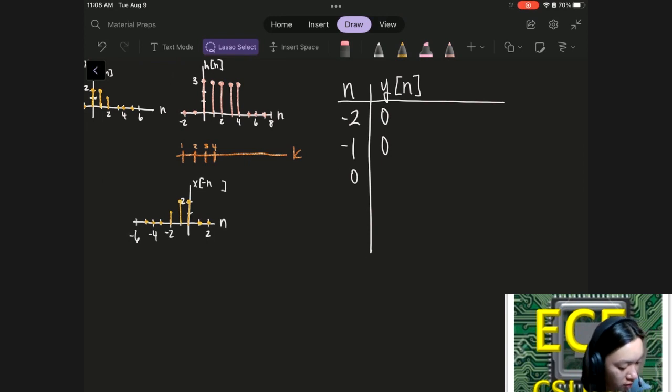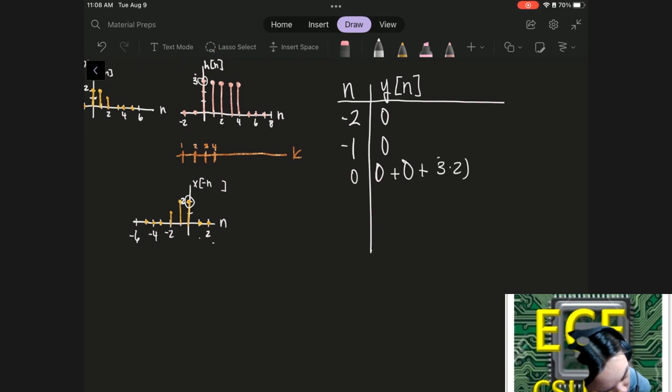What you have is 0 plus 0, these two first points. And then you actually have this point overlapping with this point now. So it's plus 3 times 2.